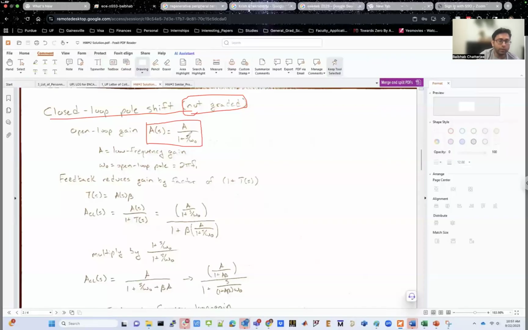The open loop gain of the op-amp can be written as this because the op-amp has a low pass response. Why does the op-amp have a low pass response? Because at the output of the op-amp, if it is a non-ideal op-amp, you have an output resistance. So basically, the inside triangle is the ideal op-amp, you have an output resistance in addition to the ideal op-amp, and that makes your real op-amp.